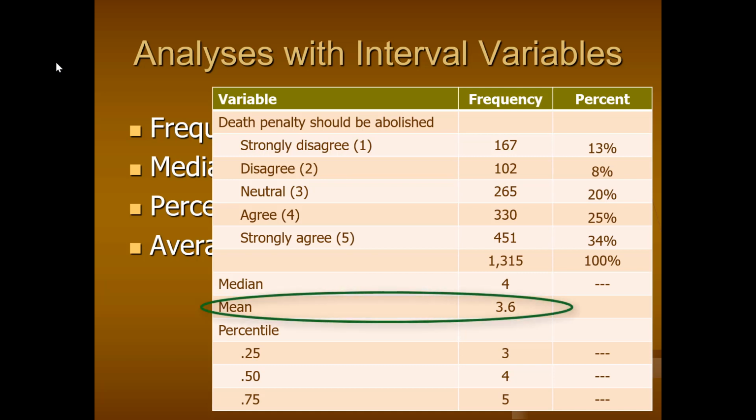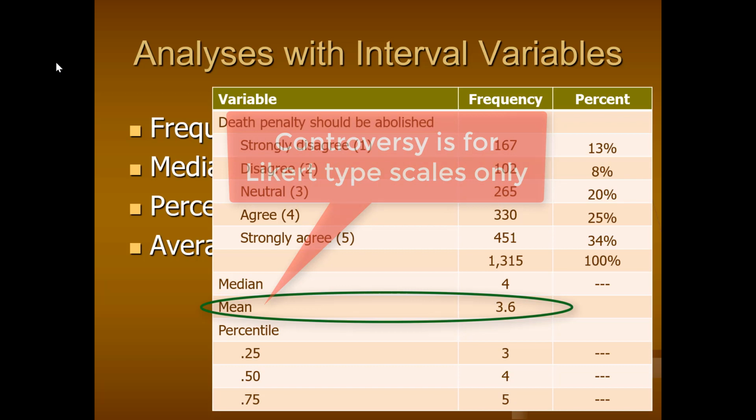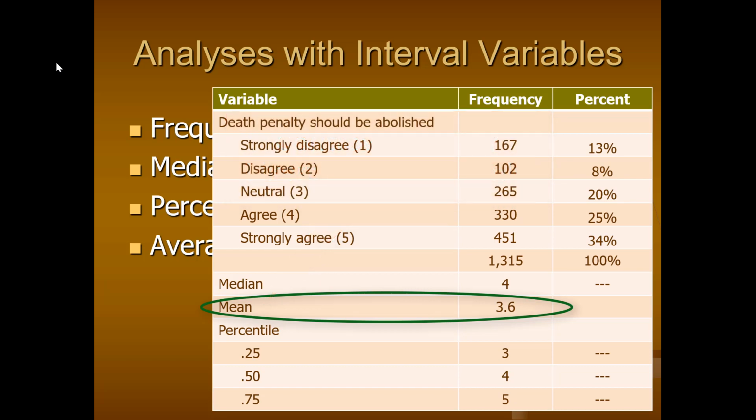And here's where the controversy lies in terms of whether we can calculate these types of statistics. So in this case, we know that the average is a 3.6.